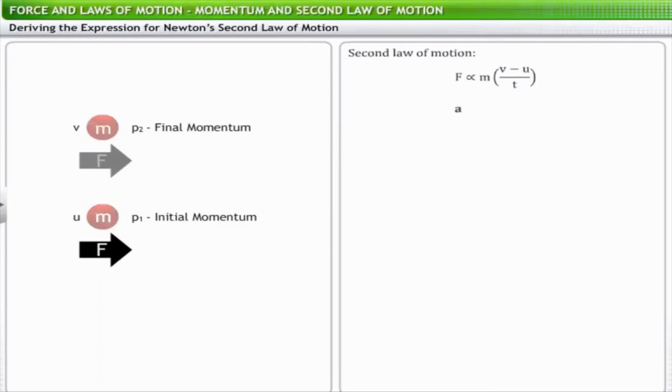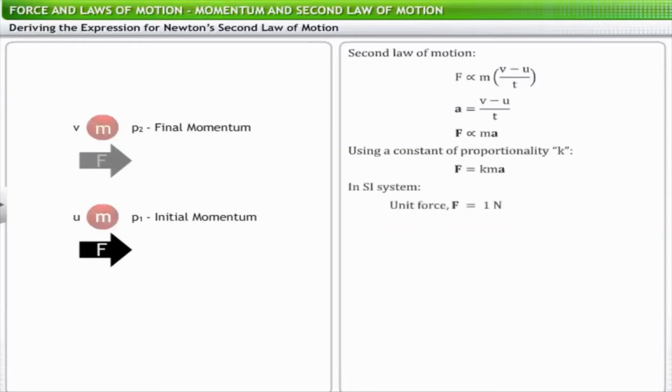The acceleration a of the ball is the ratio of change of velocity (v minus u) to time t. Hence, we can write this relationship as F is proportional to ma. We use a constant of proportionality k to equate this relationship. Therefore, F is equal to kma. In the SI system, a unit force is a force with a magnitude of 1 Newton.